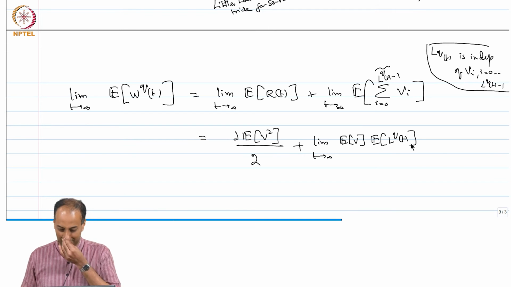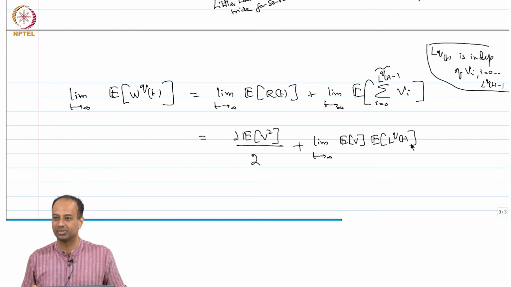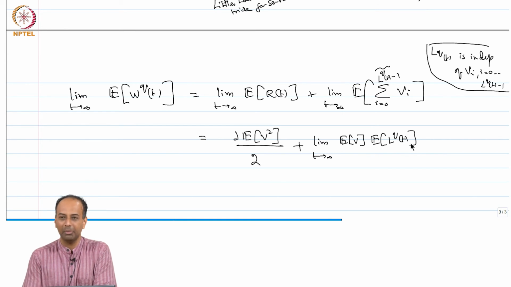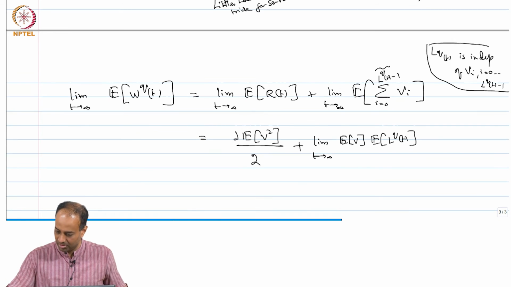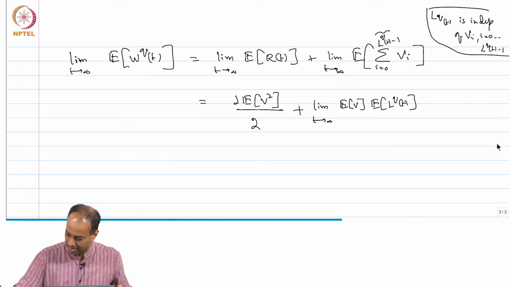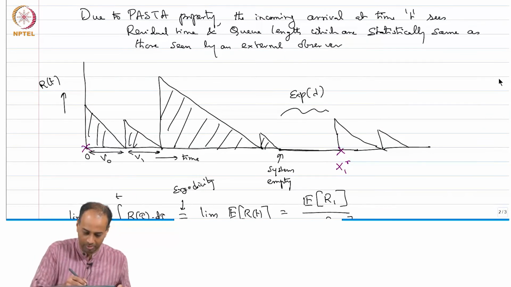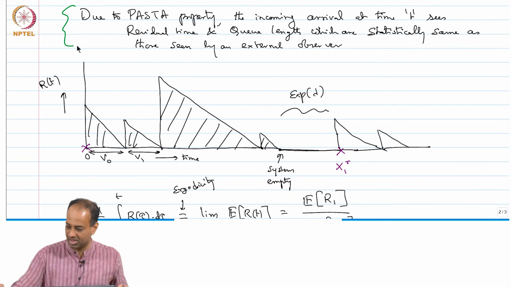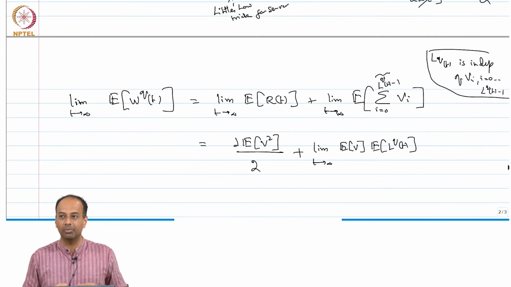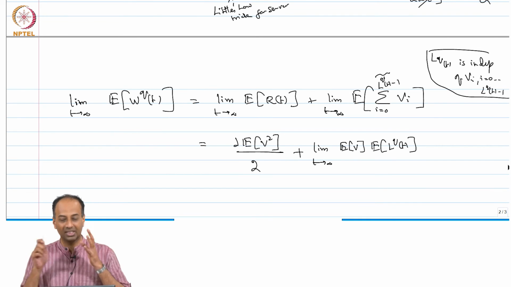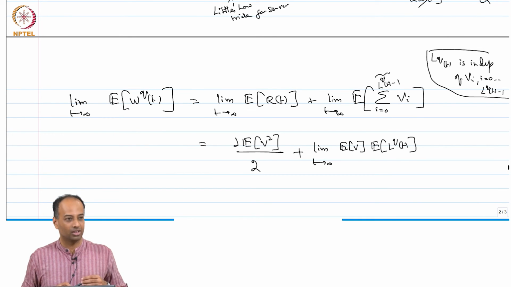Okay. So, now what is expected LQ(t)? It is the steady state queue occupancy seen by an incoming arrival. By PASTA, LQ of t has the same distribution as the time average queue occupancy. So, take this remark here: due to PASTA, expected LQ(t) seen by an incoming arrival is the same as the time average queue occupancy.